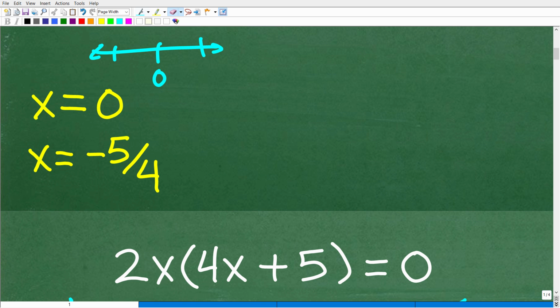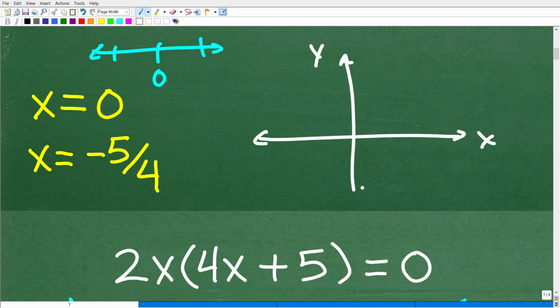This is going to be a very good review for some of you out there that are not familiar with this. So let's say I have x, y here. And let's suppose I have some quadratic equation. When I go to graph it using my graphing calculator or other techniques just by hand, let's suppose this is the graph of that quadratic equation.